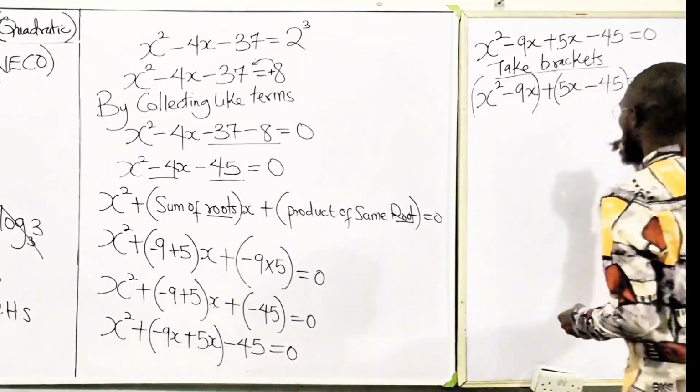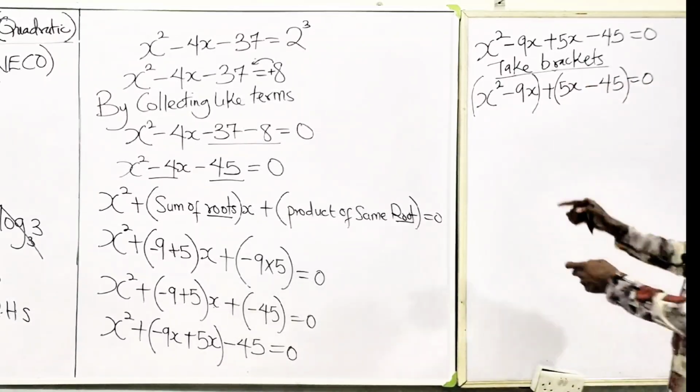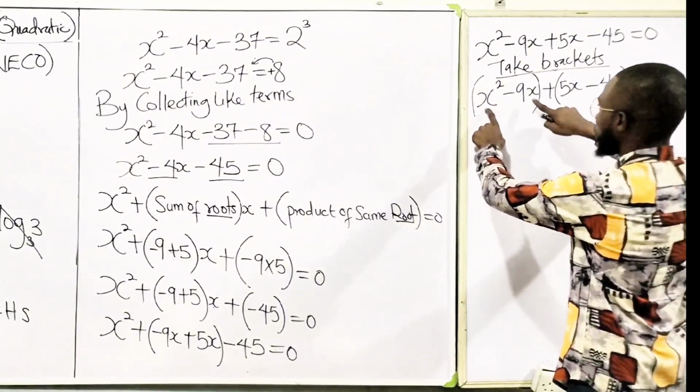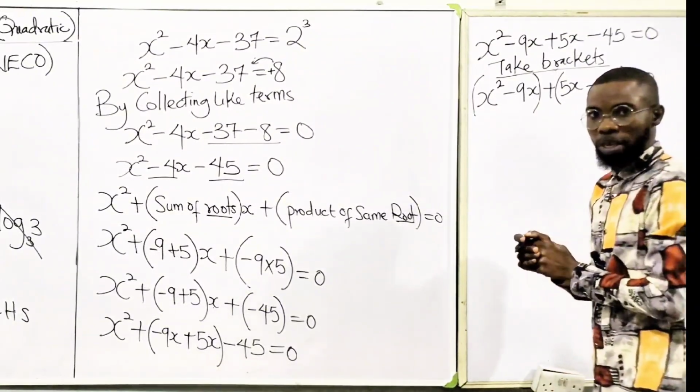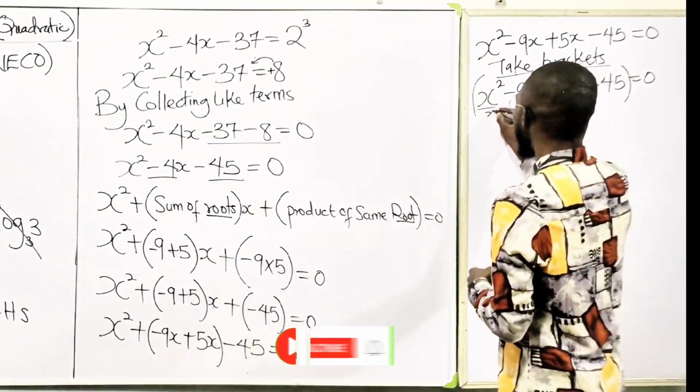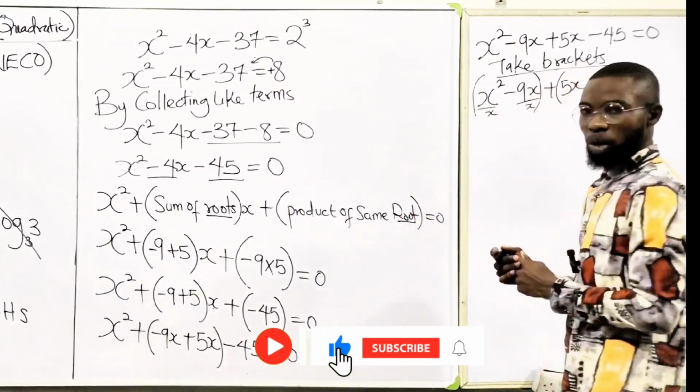That's what we're going to do. Look at this. What is common between this and this is x. If I remove one x from here and remove one x from here, what will we be left with? Let's divide. If I divide here by x and divide here by x, what do you think will happen?